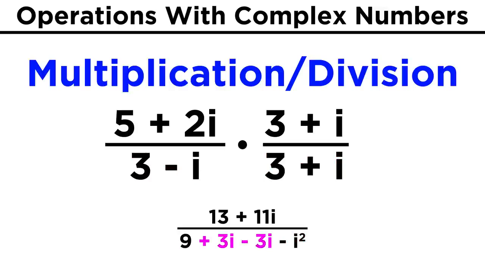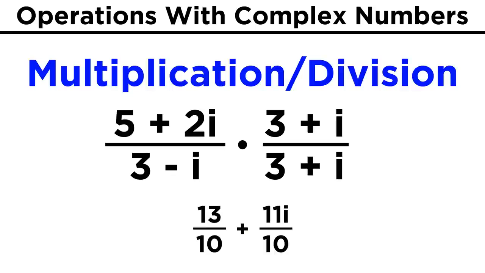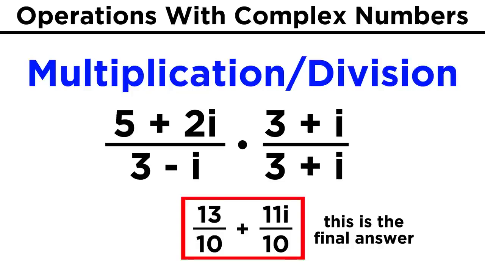We notice that the i terms cancel out, which was exactly the plan, and this will always be the case when we multiply complex conjugates. The negative i squared becomes positive 1, leaving us with 10. Then we can just express this in standard form by splitting it up into two fractions, 13 over 10 plus 11i over 10. And even though it's a little messy, that's the way we divide complex numbers.